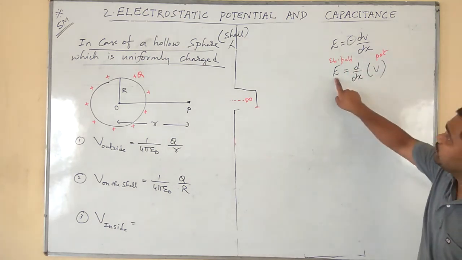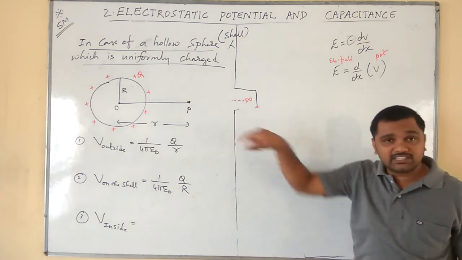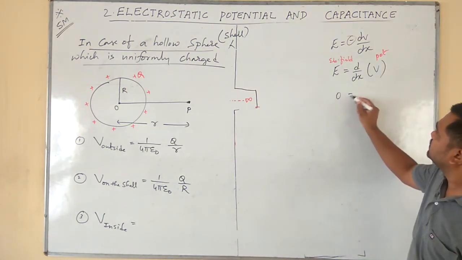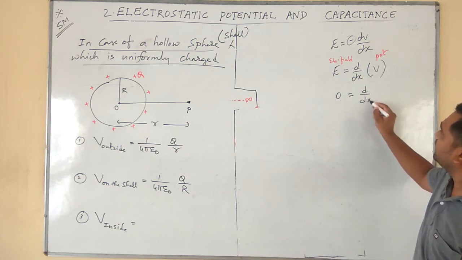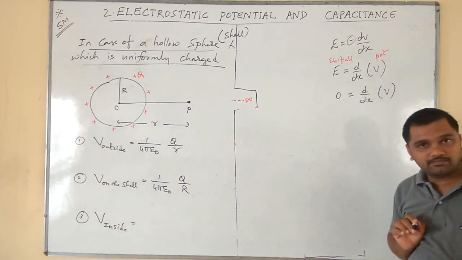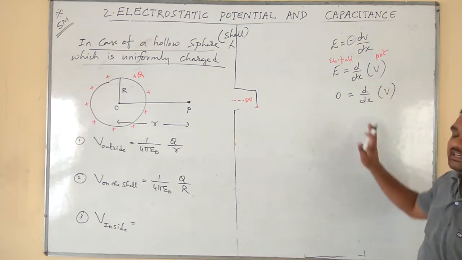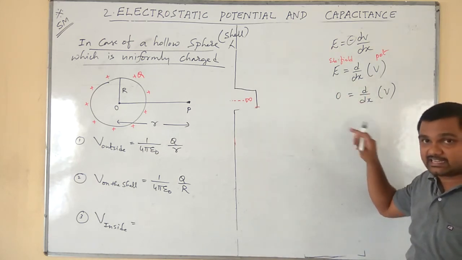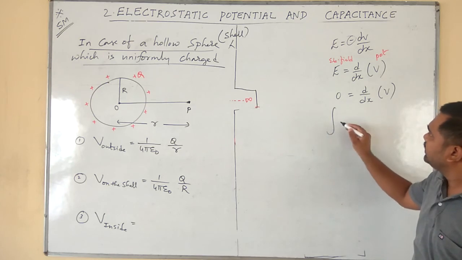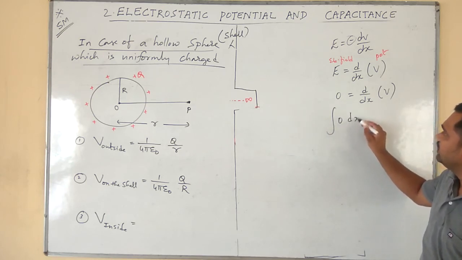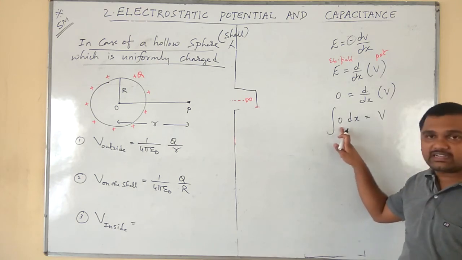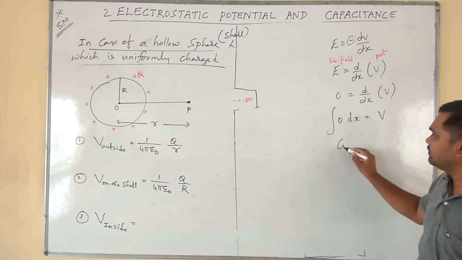What is the value of E inside the shell? That is 0. 0 is equal to d by dx of V. If you transfer this d by dx to this side, otherwise if you integrate it, what do you get? Integration of 0 dx is equal to V. If you integrate 0, what do you get?